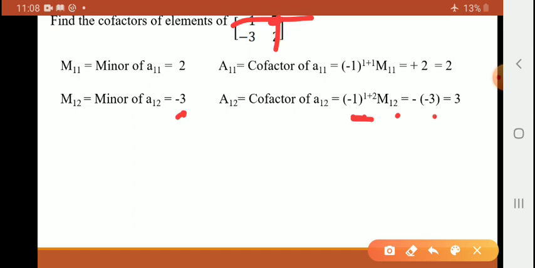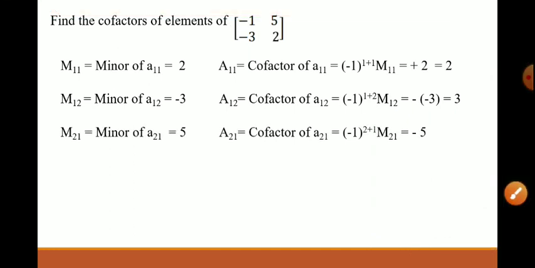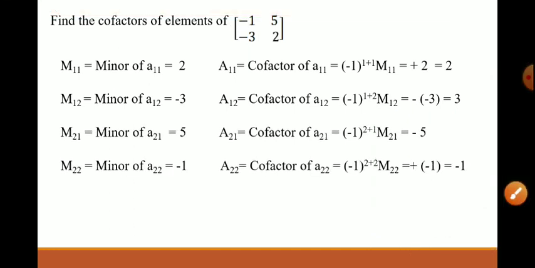M12, the minor of 12, is minus 3. 1 plus 2 is 3, so minus 1 raised to 3. 3 is odd, so minus 1 raised to an odd number is minus. So minus into minus 3 becomes plus, so it is plus 3. Similarly, we can find minors of A21, cofactor of A21, minor of A22 and cofactor of A22.